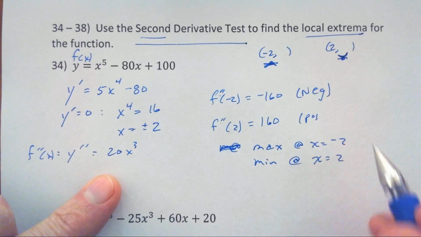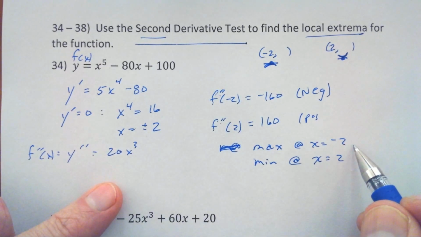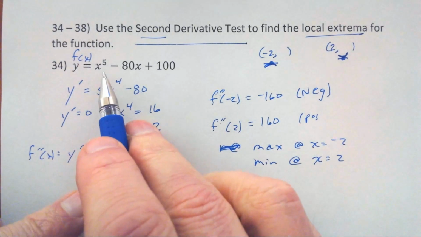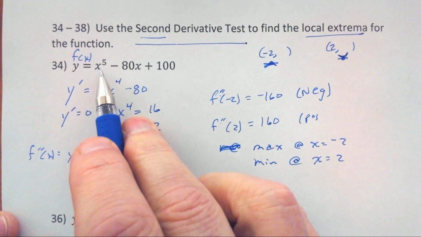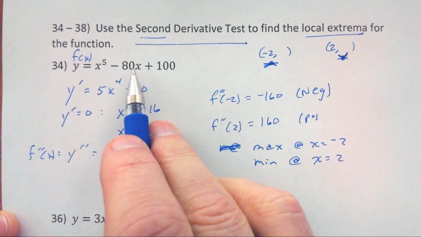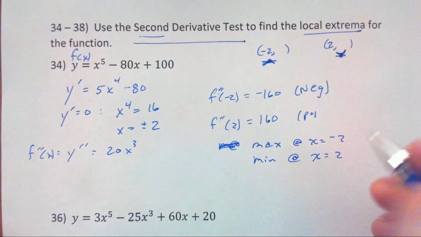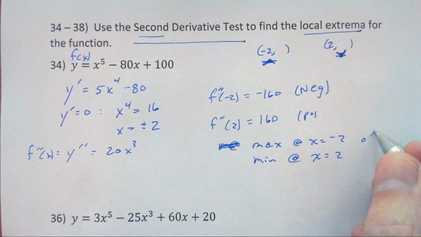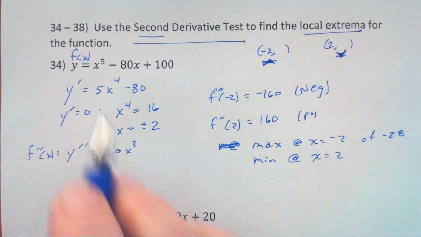And now, to find out where we're at, we just put 2 in here. Can we do that one? That is 32 minus 160. Ooh, it sounds like negative 128. Let's do that one more time.